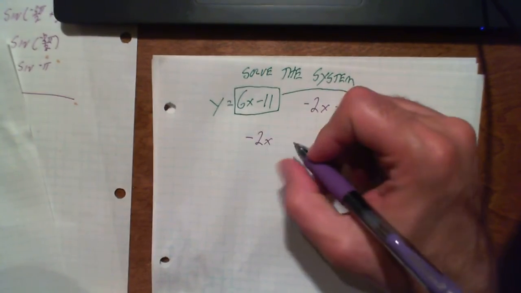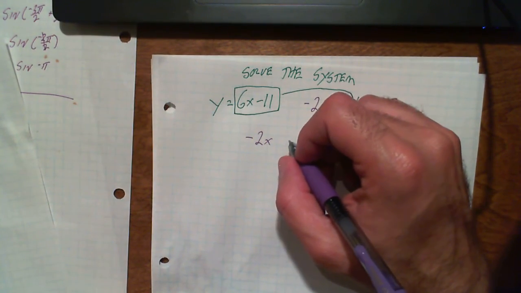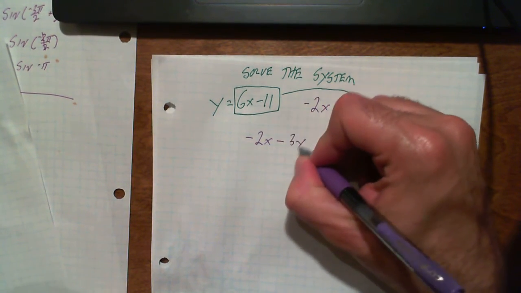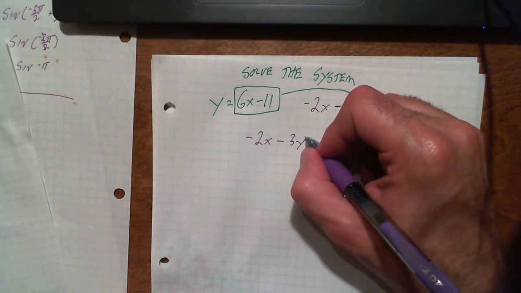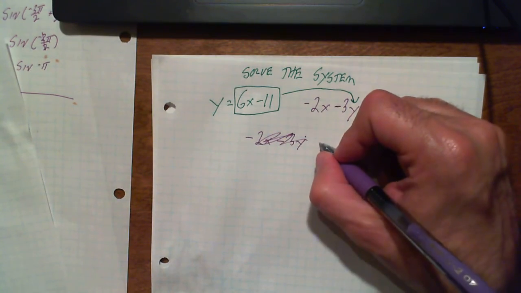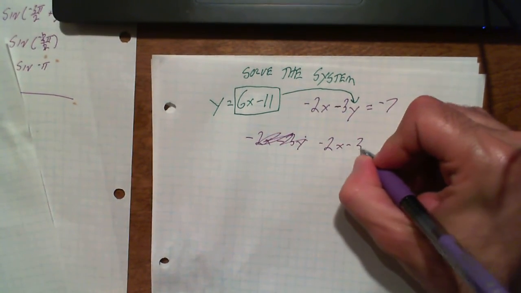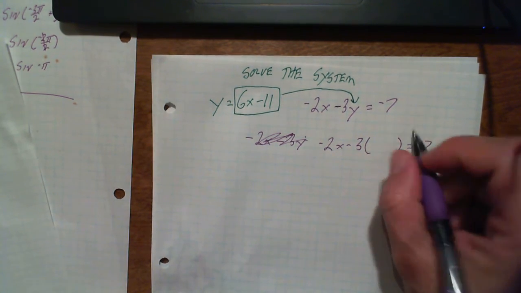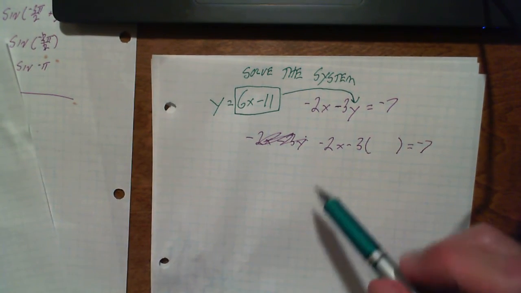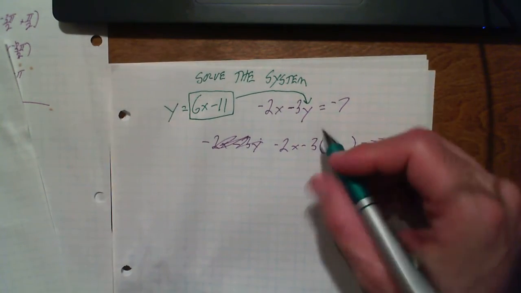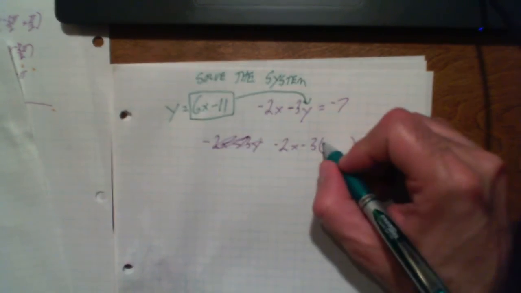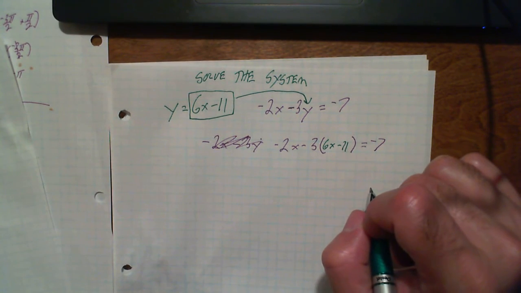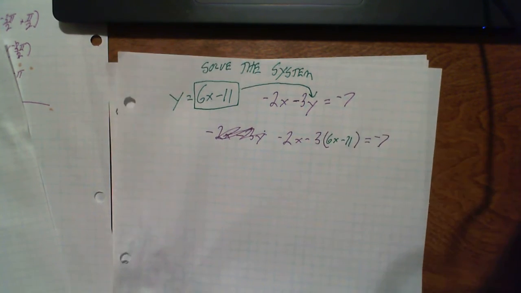Negative 2x minus 3 times, instead of y, we are going to plug in, what is y equal to? 6x minus 11.